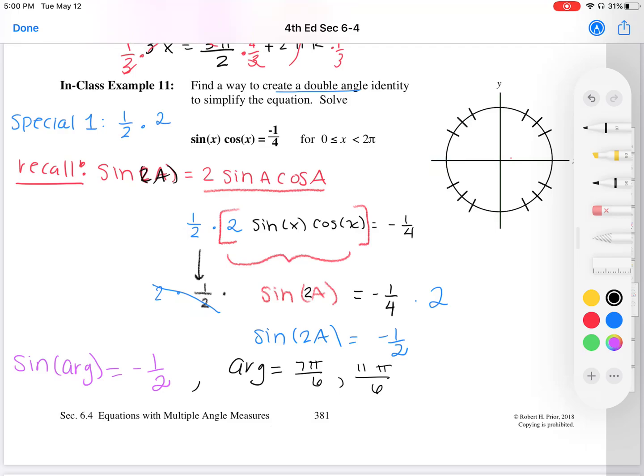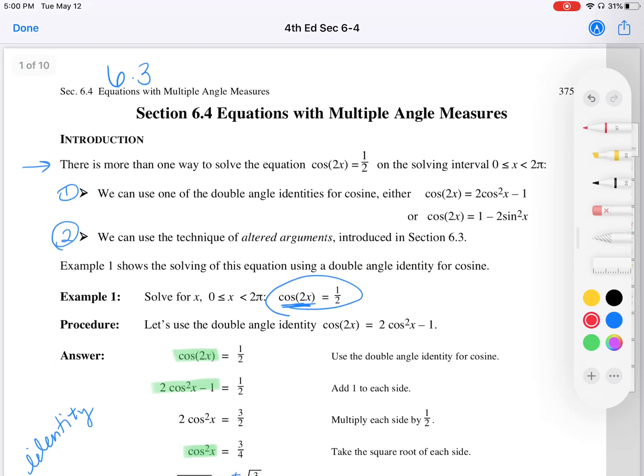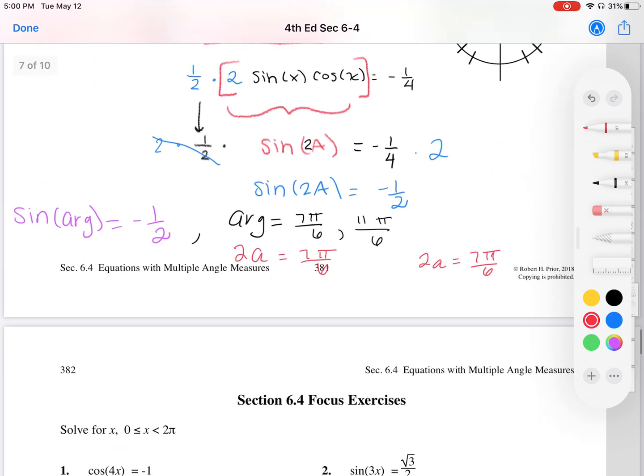Well, our argument is 2a. So let's replace it: 2a is equal to 7 pi over 6. And because we want all solutions, let's add that extra part, plus 2 pi k.